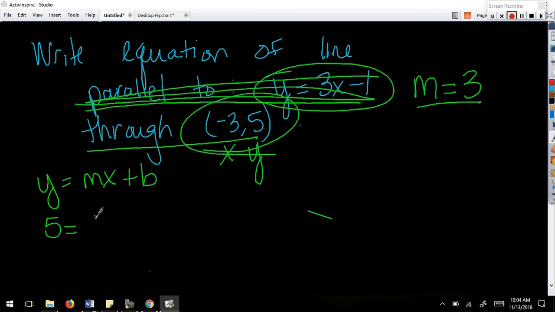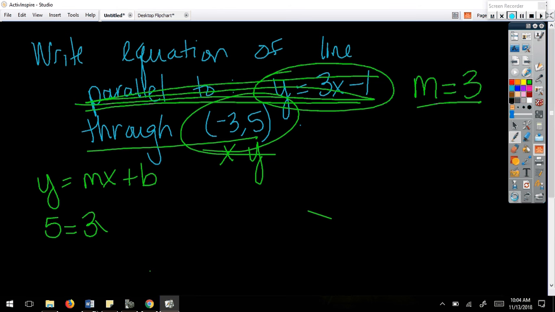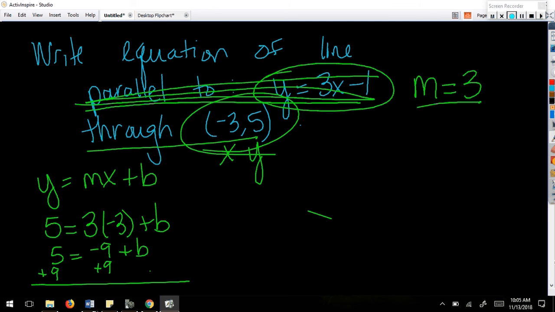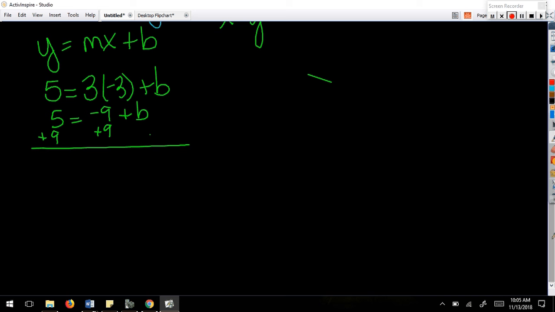All right, 5 equals 3 times negative 3 plus b. 3 times negative 3 is negative 9. And I solve it, plus 9 on both sides.